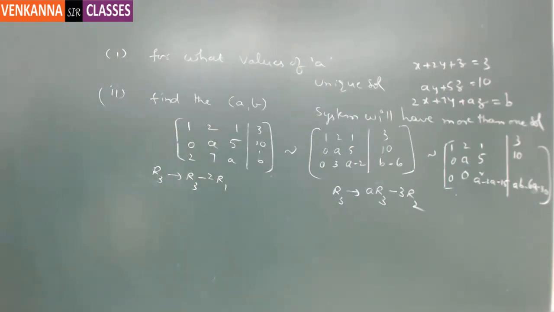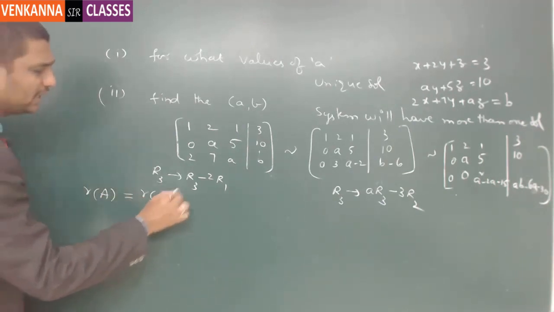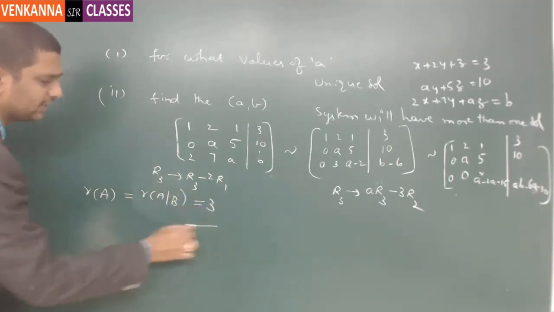Now, from this point of view, in order to have a unique solution, what should be the criteria? We should have rank of A equal to rank of A|B equal to the number of variables, 3.